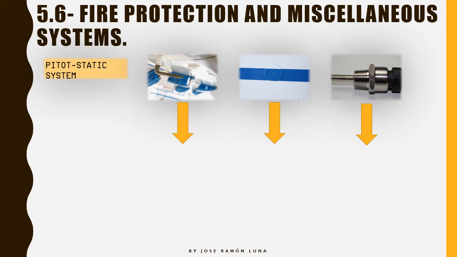If we relay the total pressure and the static pressure, we're going to get air data. As you might remember from your ground school, if we want to get the dynamic pressure, therefore the speed, we need to subtract the static pressure from the total pressure. So total pressure coming from the pitot tube minus static pressure coming from the static port is going to give us the dynamic pressure.